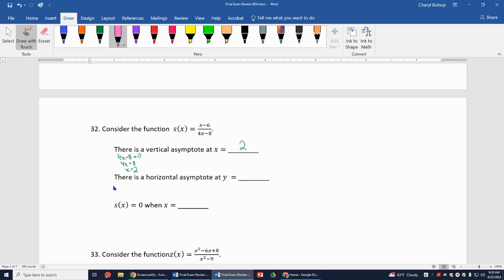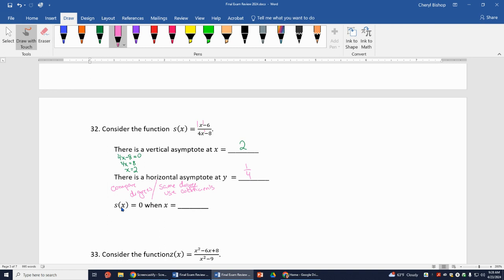For my horizontal asymptote, we compare degrees. This has a degree of 1 and this has a degree of 1. So if they have the same degree, then we use the coefficients. So I have a coefficient of 1 over a coefficient of 4, so 1/4.